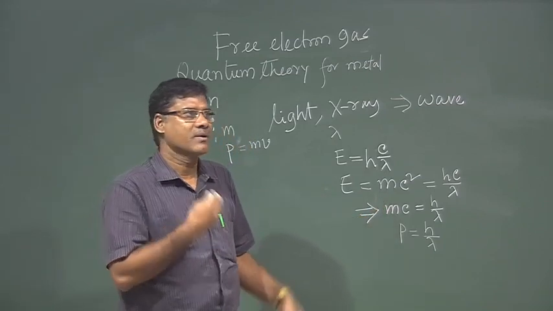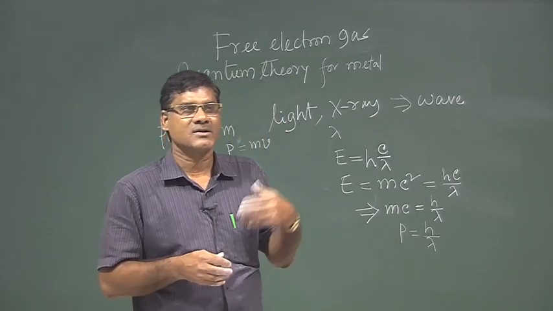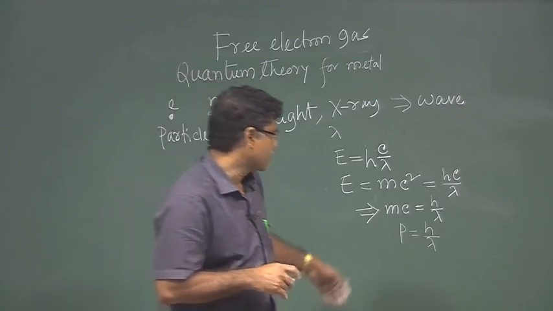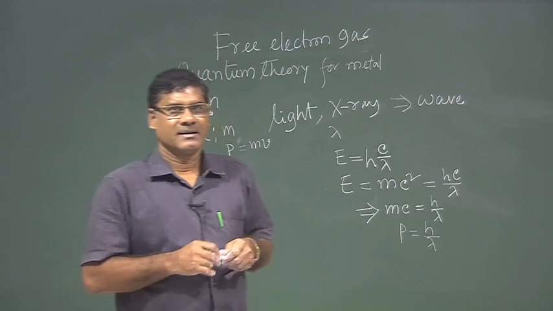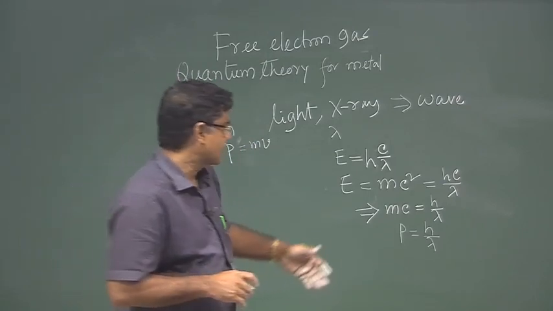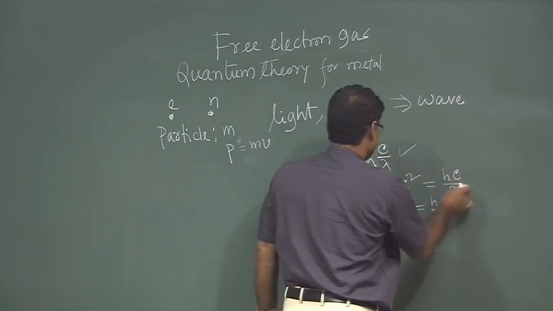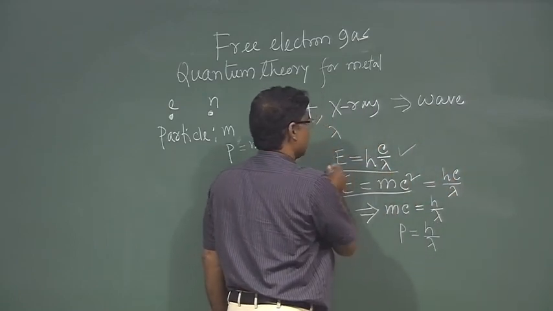In case of wave, we accept that it has wavelength, but here it will also have momentum and mass. In general that is not accepted, but it is the case from here.